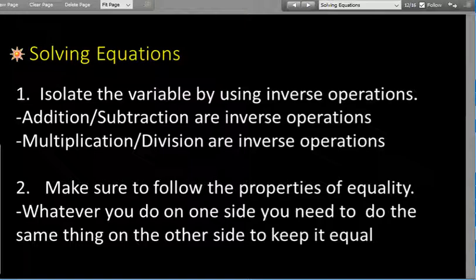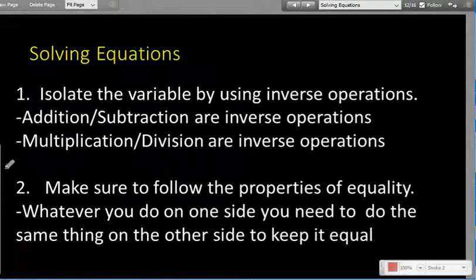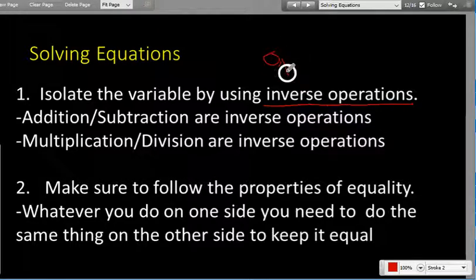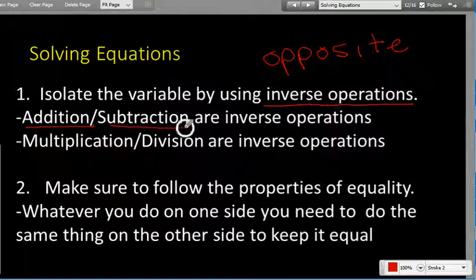Okay? When we solve an equation, we are going to isolate the variable by using inverse operations. Okay, remember in one of our first lessons I talked about how tricky the vocabulary for math is sometimes. Okay, inverse operations, that just means opposite. Okay, opposite operations. So addition and subtraction, those are opposite.